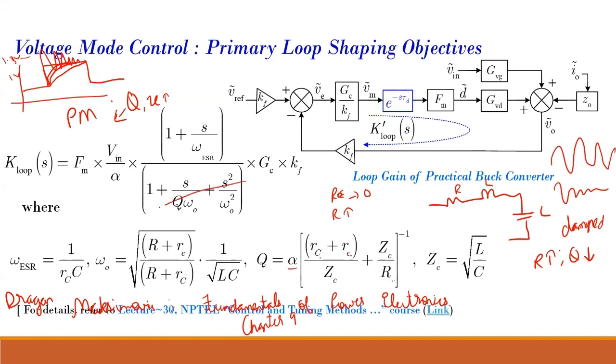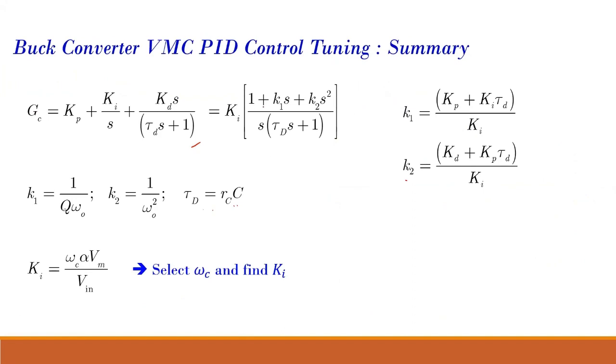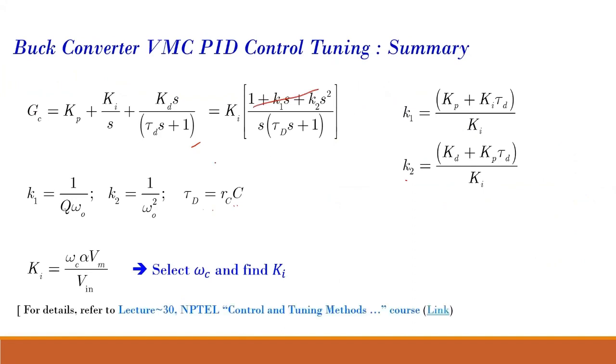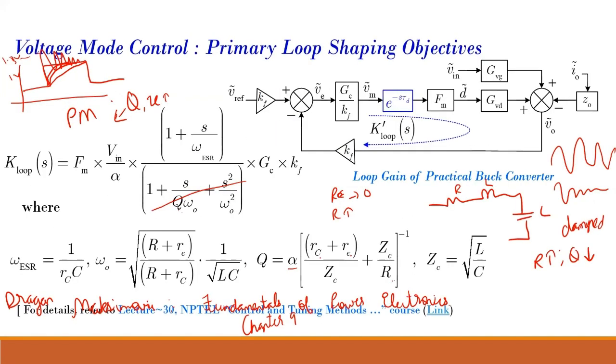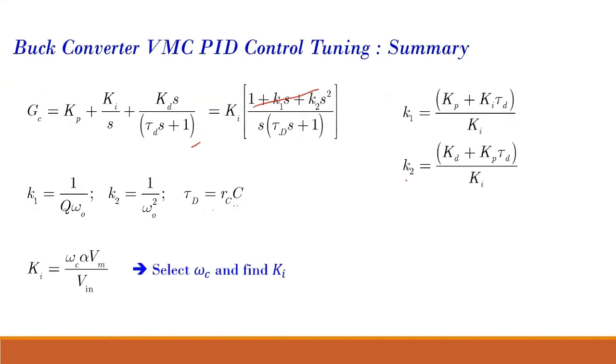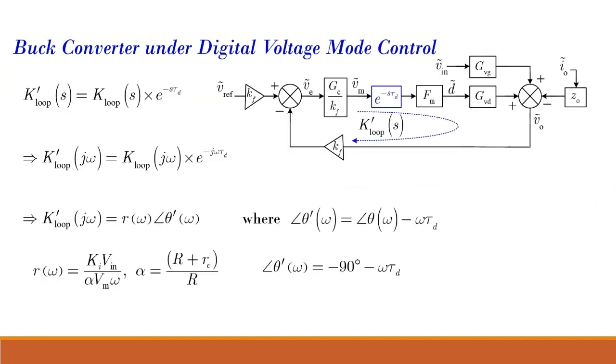That is, the second order transfer function will be cancelled by this, and this will cancel out with this. So in that you will get a loop gain which just has 1 by s in the denominator.